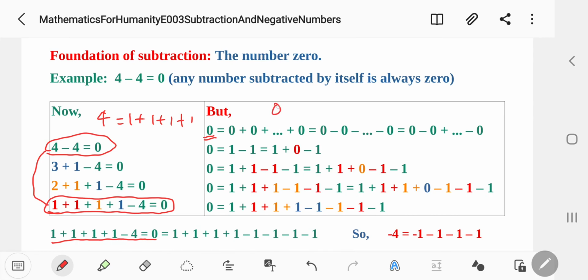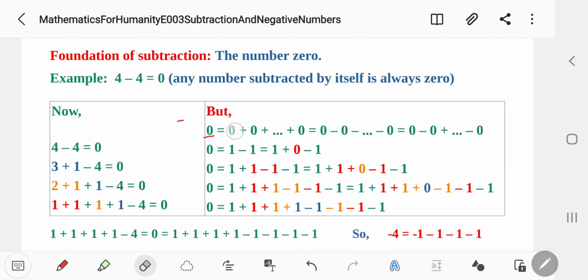Say you can put 100 zeros and so on. It doesn't matter. It's still 0. Or you have 0 minus 0 minus 0 and so on, minus 0. It doesn't matter. It's still 0. Or 0 minus 0 plus 0 minus 0 plus 0 minus 0. This is still equal to 0.